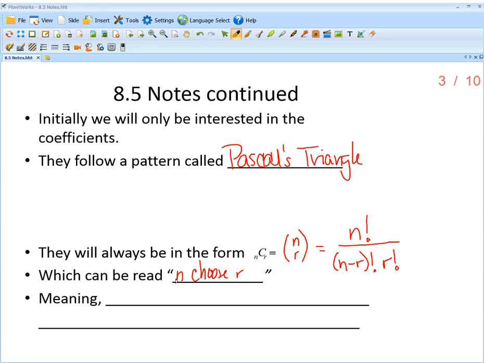And again, what n choose r means is, if you have n terms, in how many ways can you choose r of them?